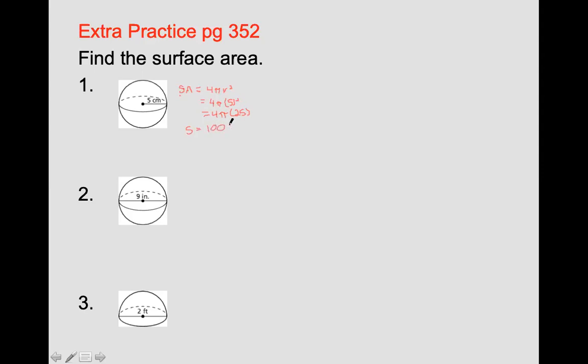So I could write it as 100 pi centimeters squared. Or if you want to multiply out the pi part, then you would have that the surface area is about 314.16 centimeters squared.